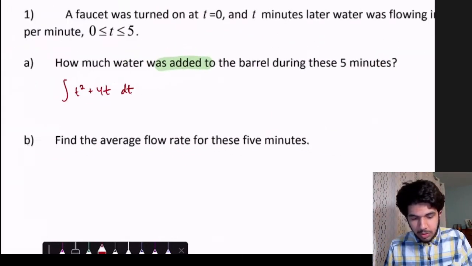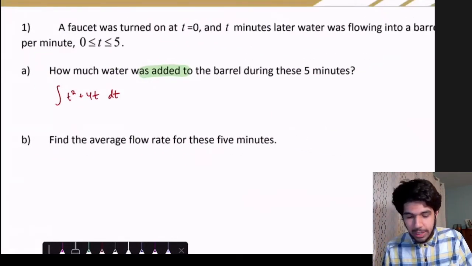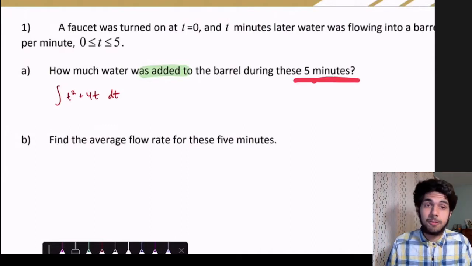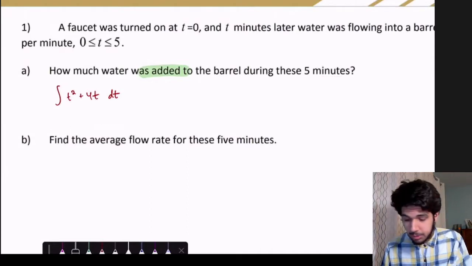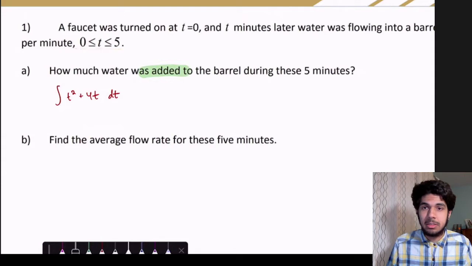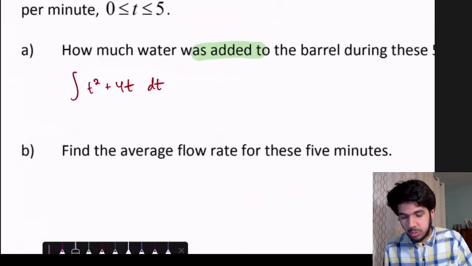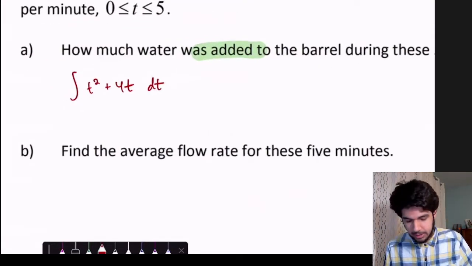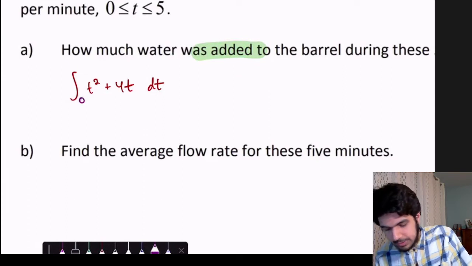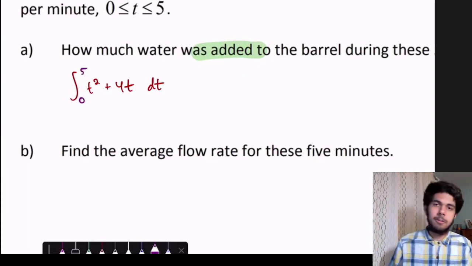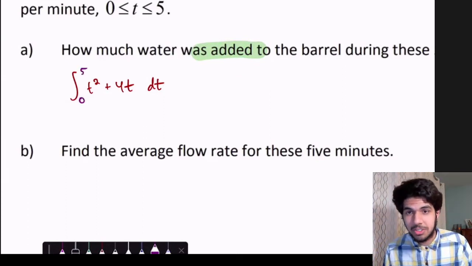But importantly, the question asks how much was added to the barrel during those 5 minutes, and we're given bounds on t. So given those bounds, we have to make this a definite integral, with a lower bound of 0 and an upper bound of 5.